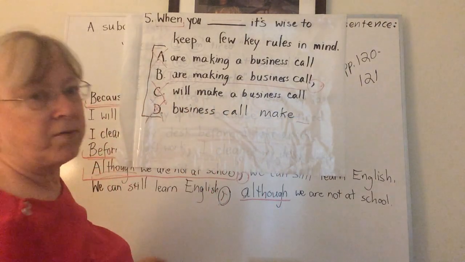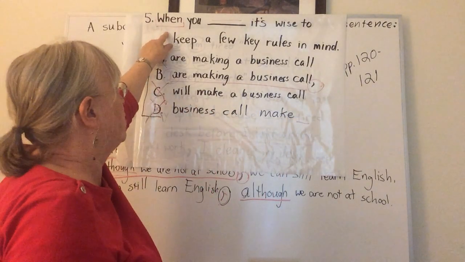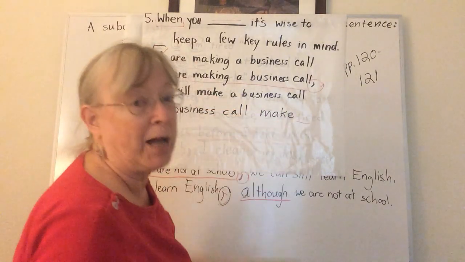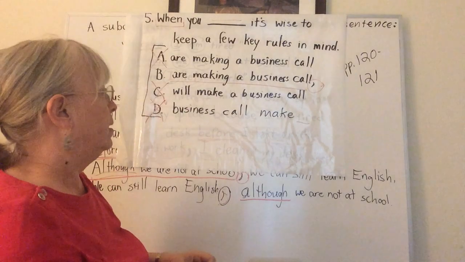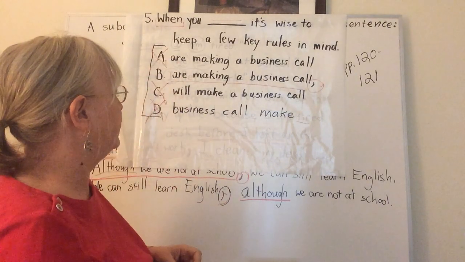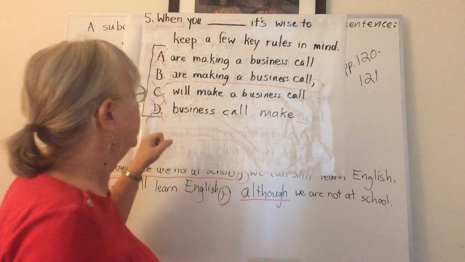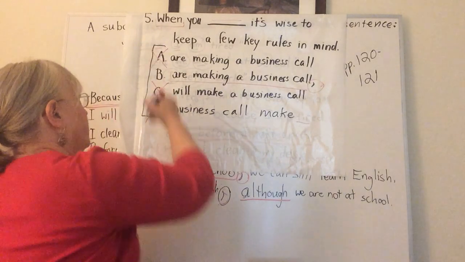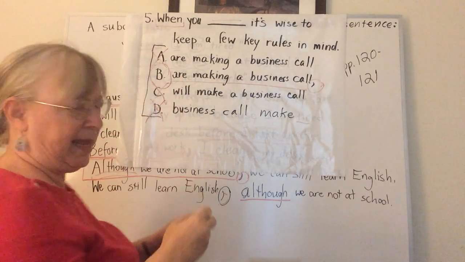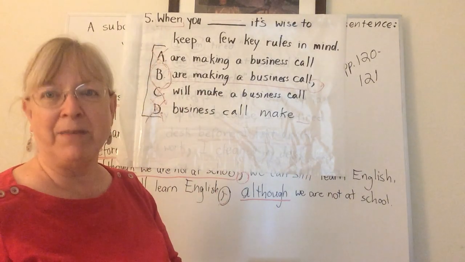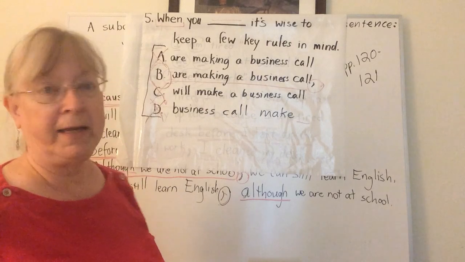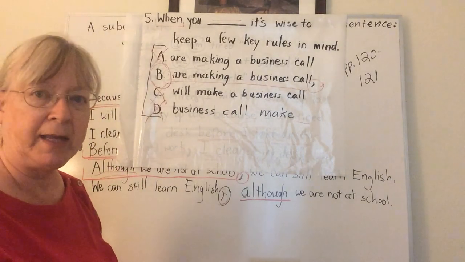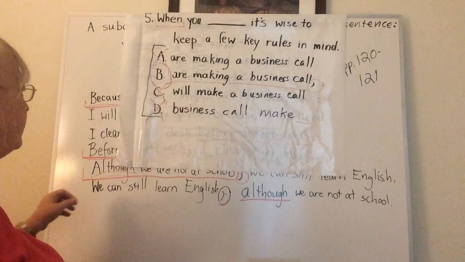So if we just remember that when it starts with a subordinating conjunction, we need a comma after that clause, then we can eliminate everything right away and know that B is the answer. So that could be very quick to do. It wouldn't take a long time to find the answer just by looking at the commas.